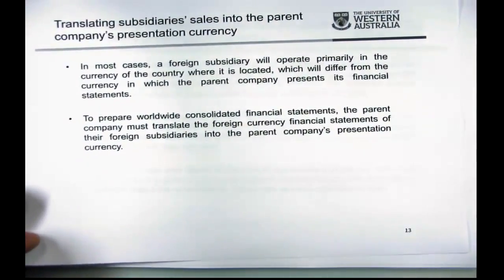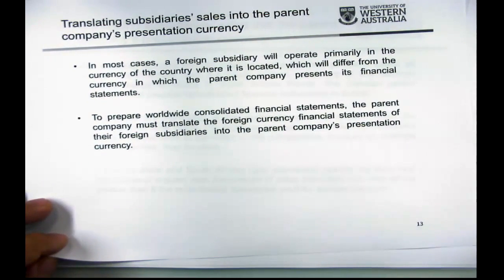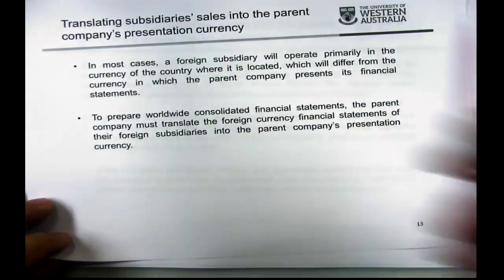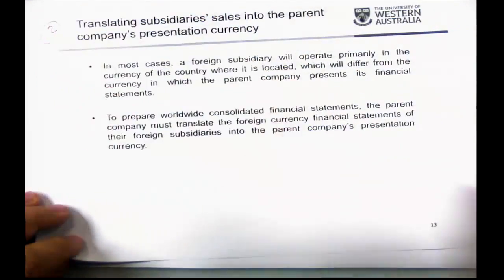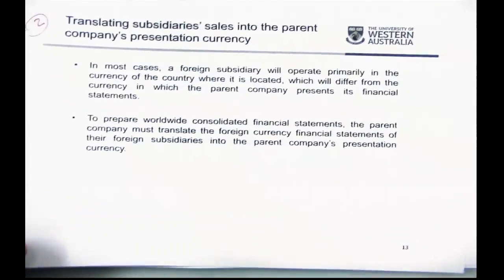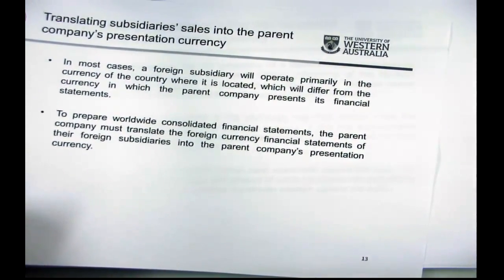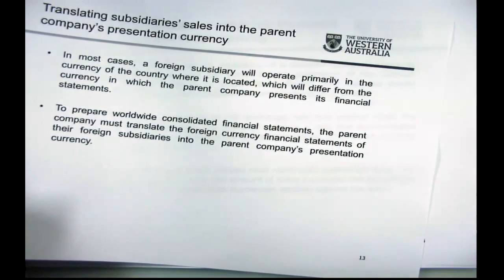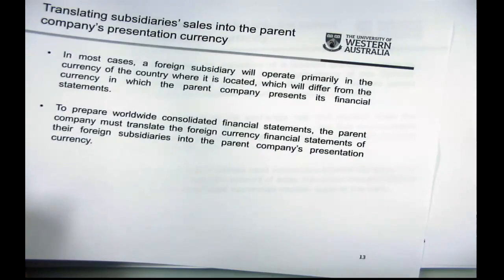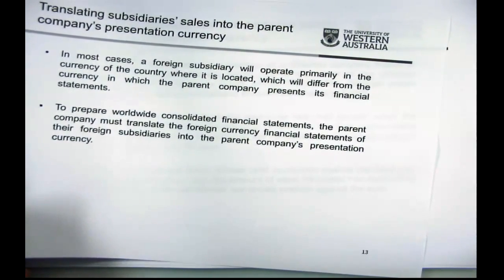We are done with the first issue, the foreign currency transaction exposure. The second issue, the second problem, is the translation adjustment. Remember that many large firms around the world are multinational firms, with a lot of overseas subsidiaries and operations.